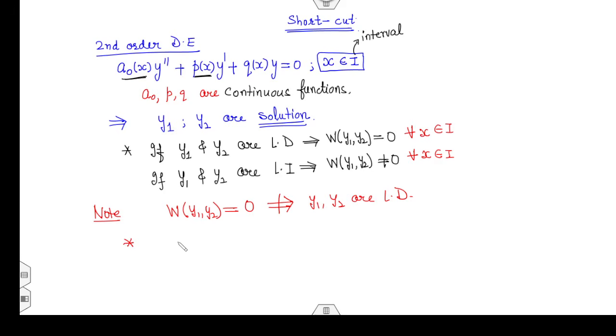Second important point is that the Wronskian of y1 and y2 does not change sign. This is a very important property and very useful to discard options. What is the meaning of no change in sign?